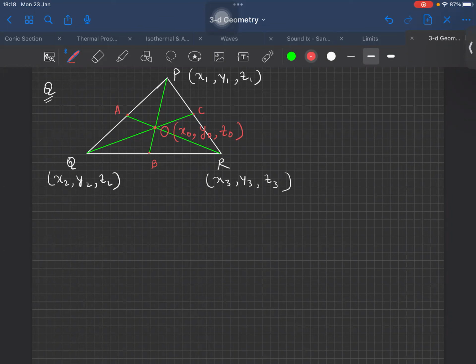We know that the centroid divides the median in a certain ratio. Now use the section formula. B is the midpoint of QR, so what will be the coordinate of B?